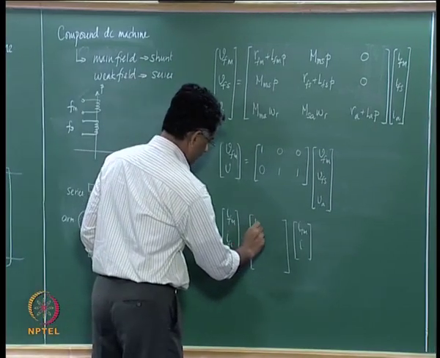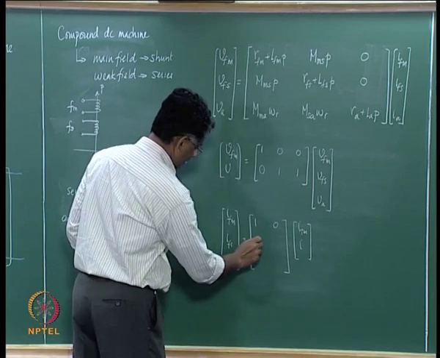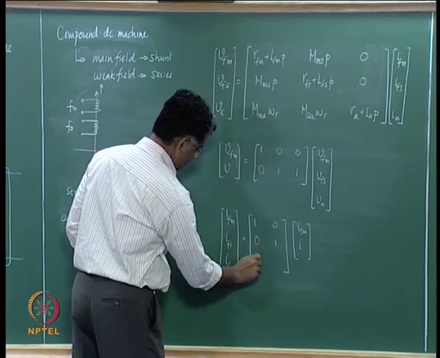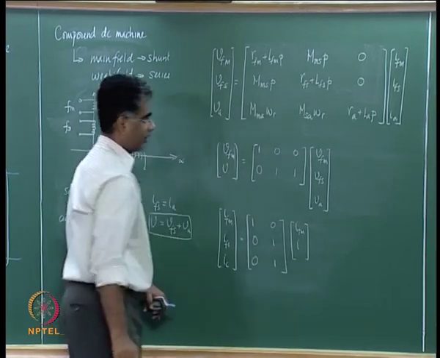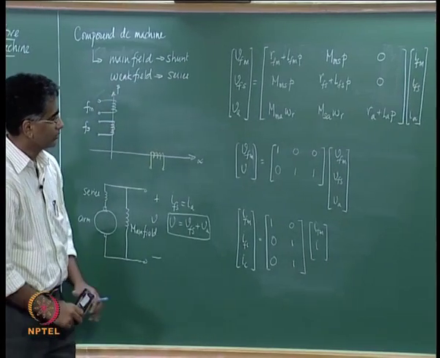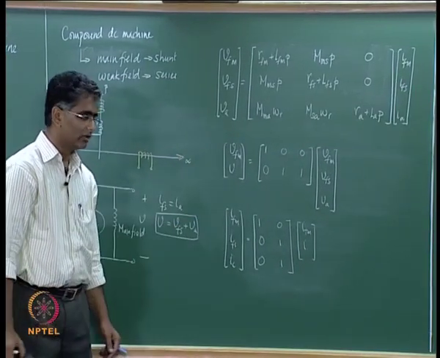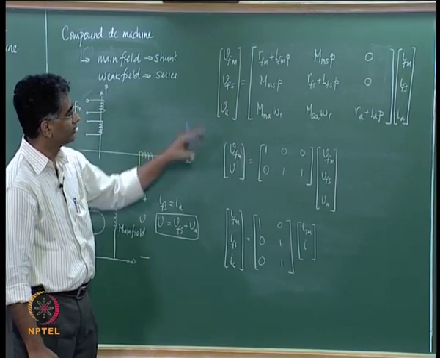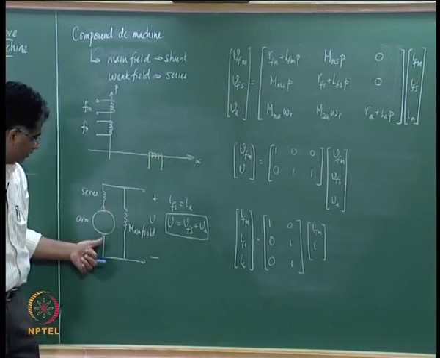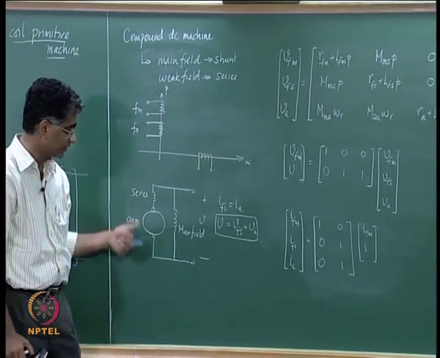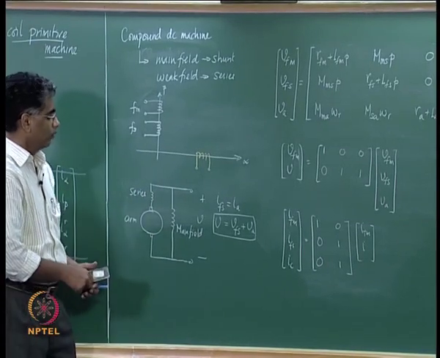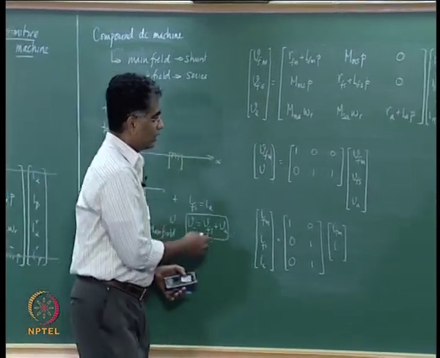So IFM is this, IFS is nothing but I, and IA is also I. So using these two equations, one can now try to simplify this in order to represent this machine interconnection. So how do we get that?